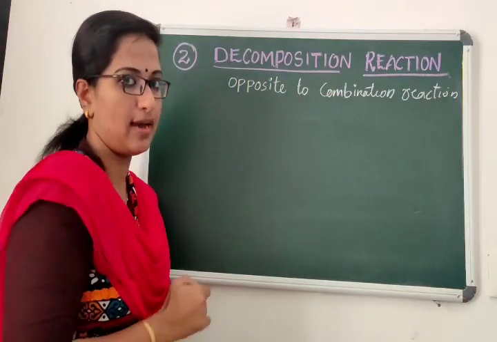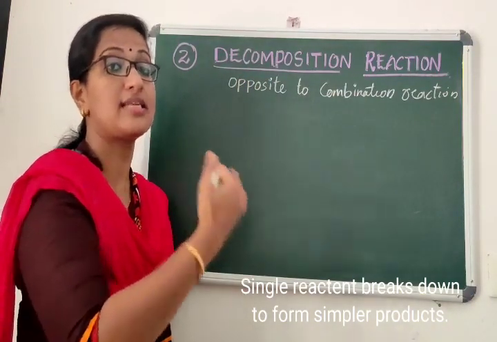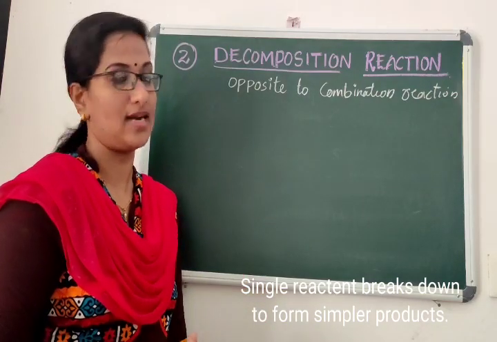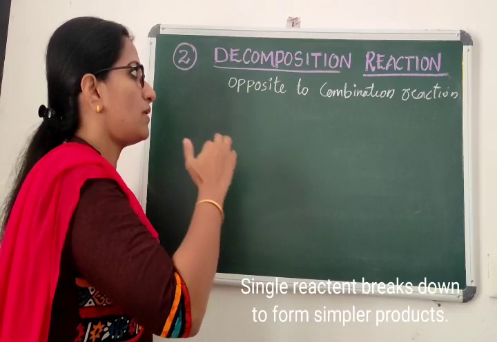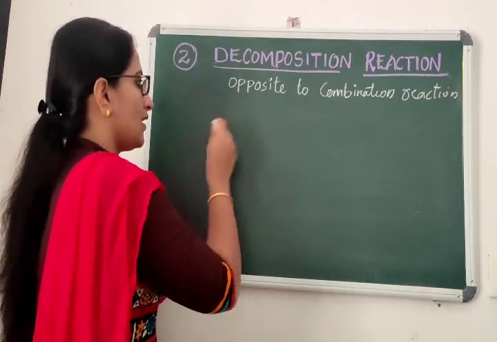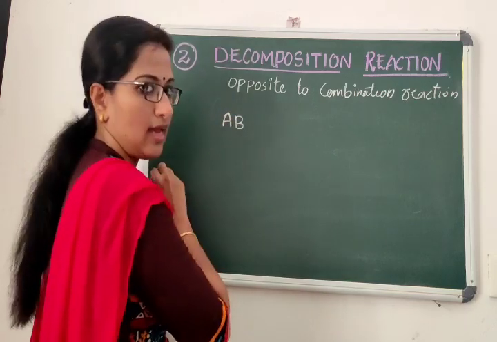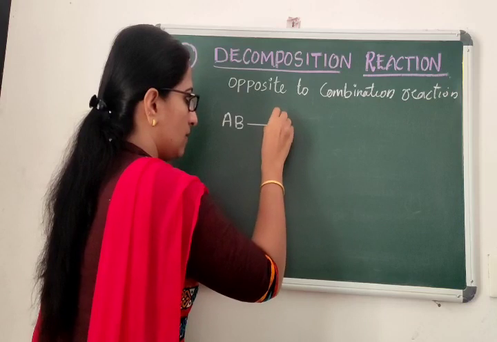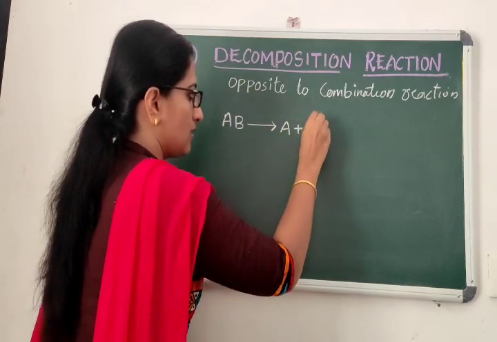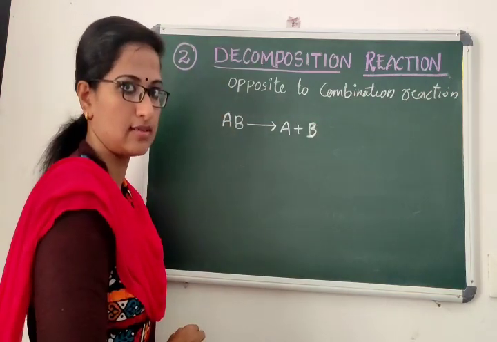But here, a single compound breaks down to form two or more products. That is the difference between a combination reaction and a decomposition reaction. So generally you can write a larger compound AB breaks down to form A and B. This type of reaction is known as decomposition reaction.